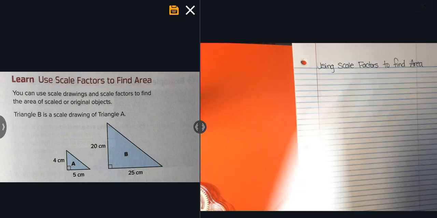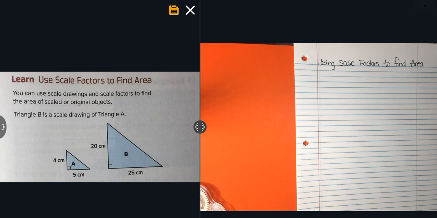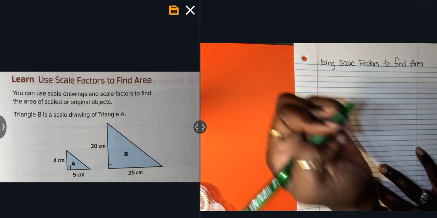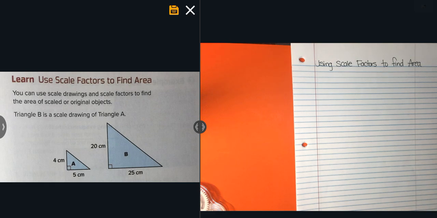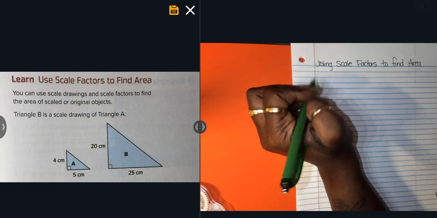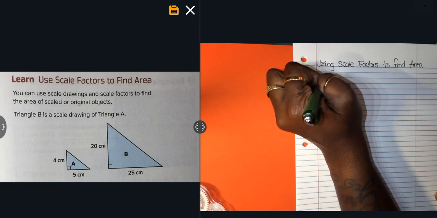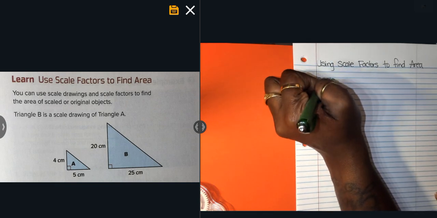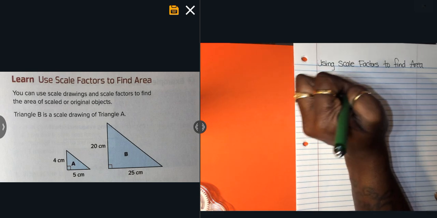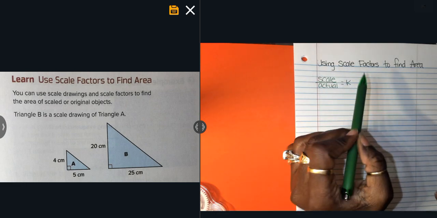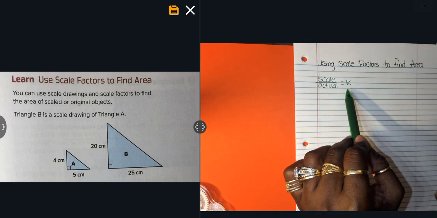I'm going to give you is using the formula. Remember, the formula is scale over the actual is equal to K. This just gives us the scale factor.